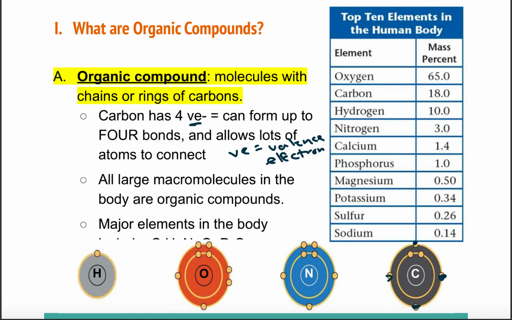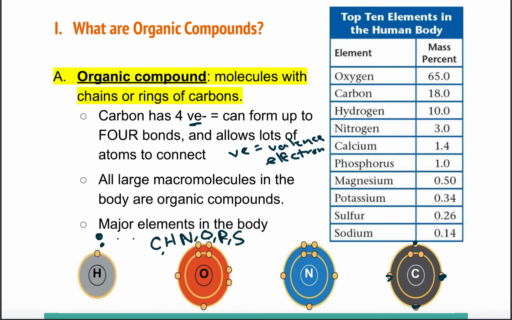Okay, so all macromolecules that we're going to discuss, carbohydrates, lipids, proteins, nucleic acids, those are all basically organic compounds because they rely on lots of carbon to help hold the molecule together. Now, in terms of organic compounds, they typically are made of these major elements in the body.